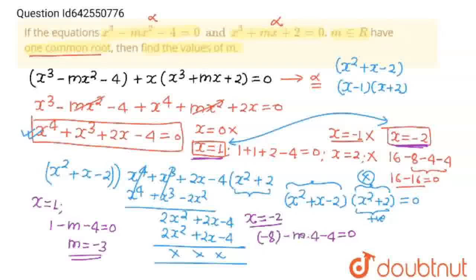So 4m will go to RHS. This will become 4m equals minus 12. And from here we'll get m equals minus 3. So when the value of x is minus 2, the value of m is minus 3. And when the value of x is 1, then the value of m is minus 3. Let me check the calculation once again.